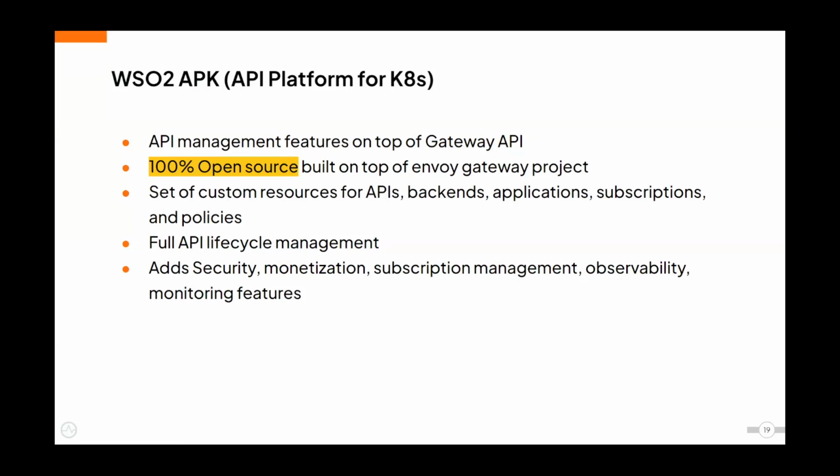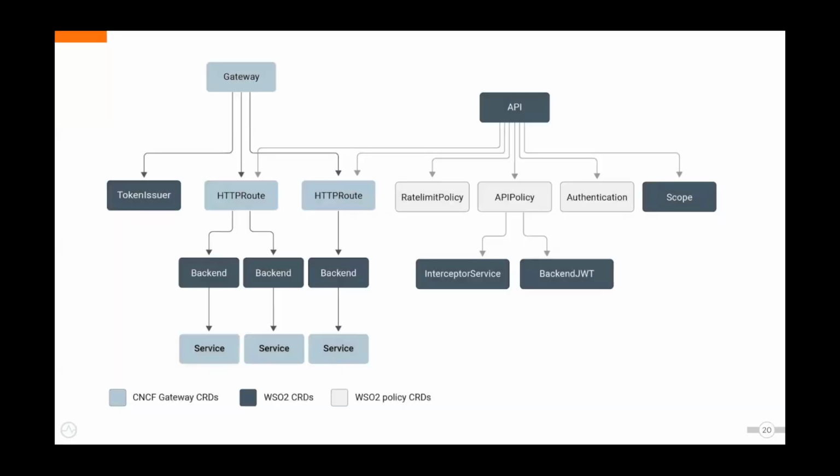So we introduce a new set of custom resources on top of the Gateway API custom resources. It provides full API management lifecycle support, and it adds security, monetization, subscription management, observability and monitoring features. These are normal API management concepts.